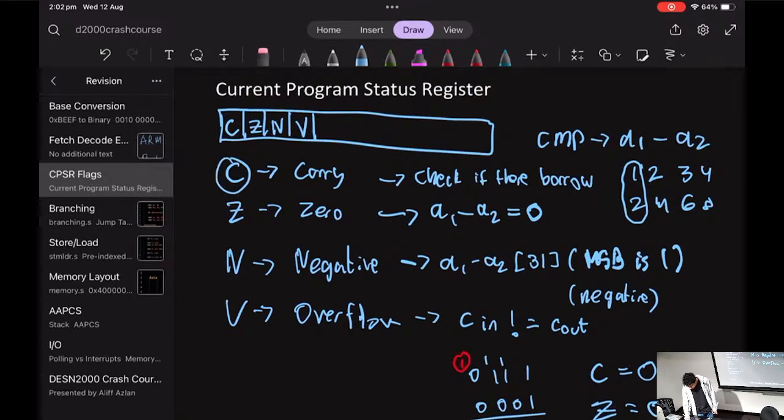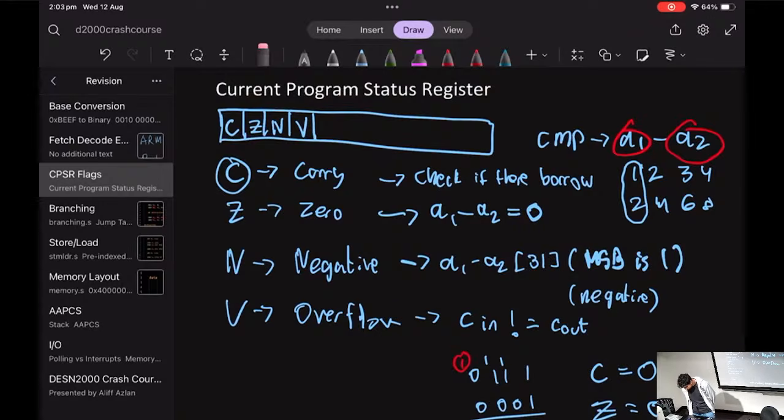For example, the carry bit. When we compare, we subtract two numbers. If, say, A2 was bigger than A1, then our carry flag would be 1, which suggests that every time the carry flag is 1, the unsigned value of A2 must be bigger than A1.